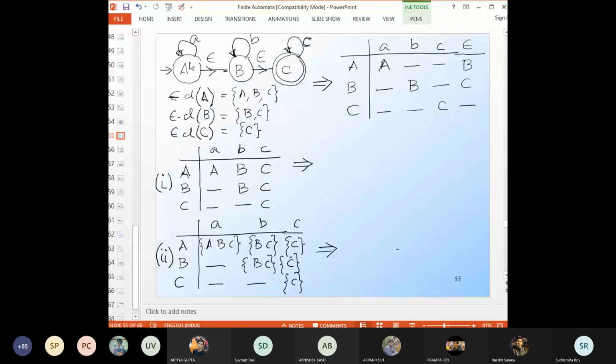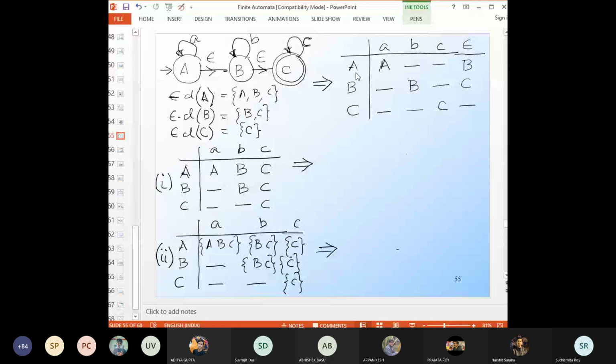To find this, you will find delta of epsilon closure A. What is epsilon closure A? A, B and C. And of A, B and C, only A has a transition on small a, on input a. So here we just put A. What about B?